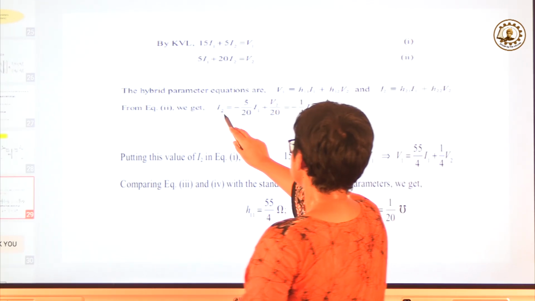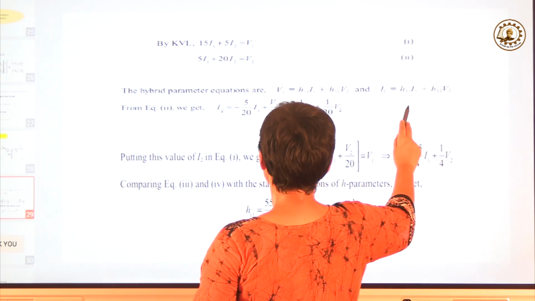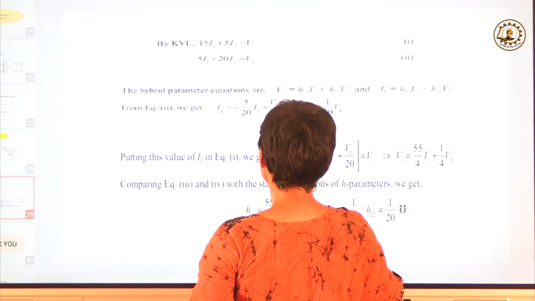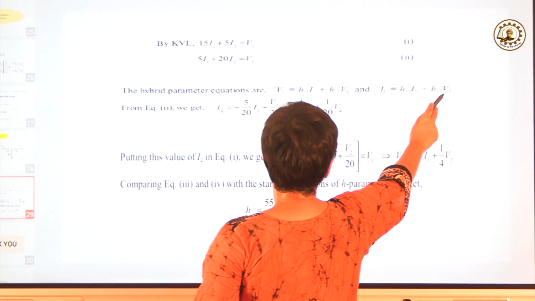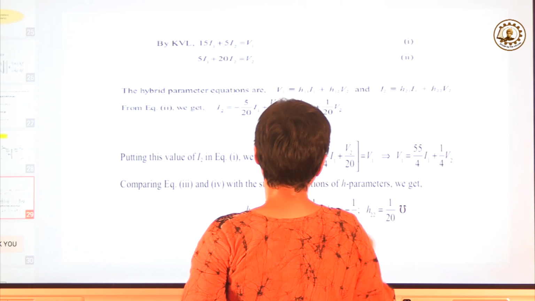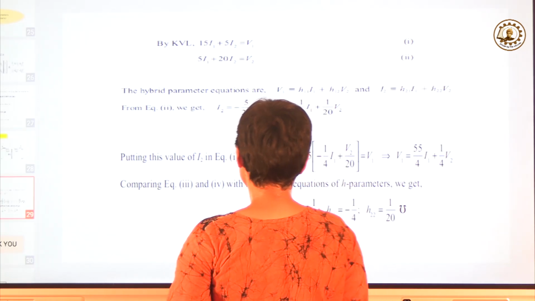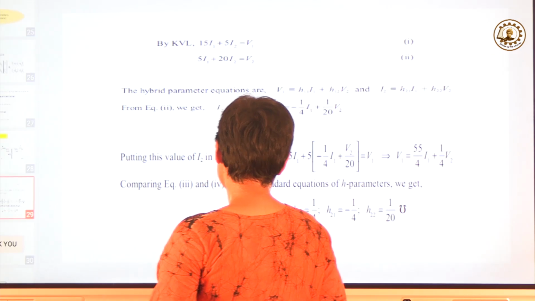And from here, I2 equals minus 5 by 20 I1, this is nothing but H21, that is minus 1 by 4, and H22 will be 1 by 20. So we get our required H parameters.